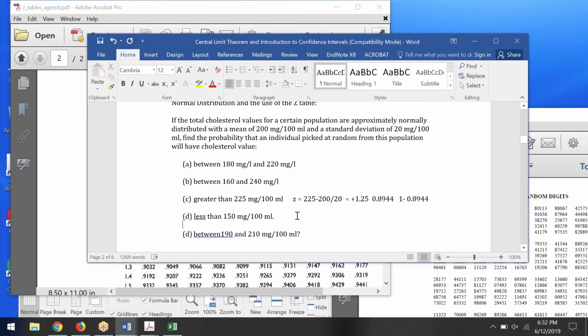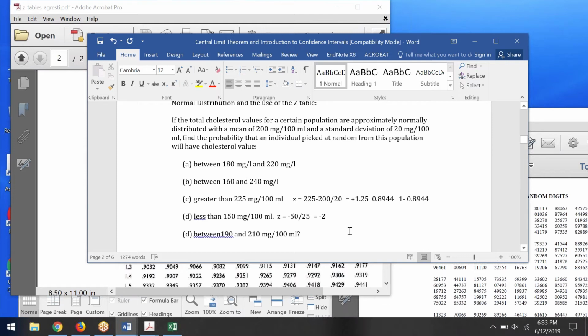How about less than 150? The z-score is going to be equal to 150 minus 200, which is negative 50, divided by 25. That's going to be a z-score equal to negative 2.